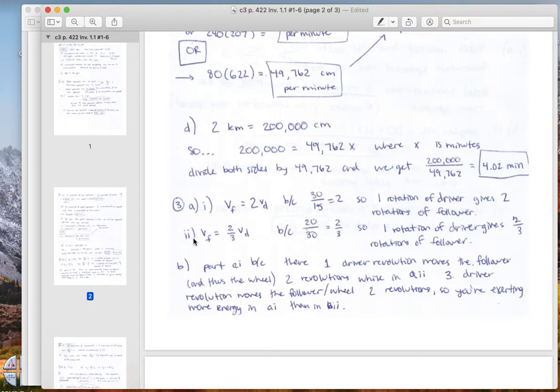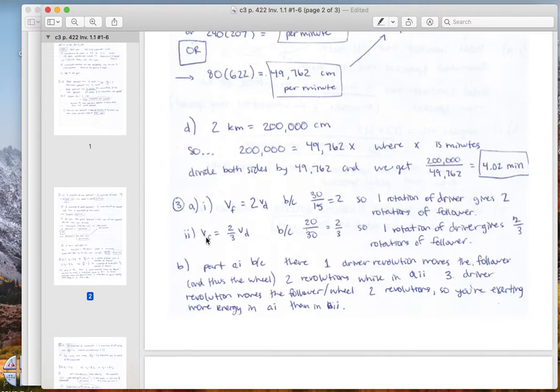But if you were to flip it and write the velocity of the driver in terms of the follower, that might almost make more sense. In this case, the velocity of the driver equals 3/2 times the velocity of the follower.